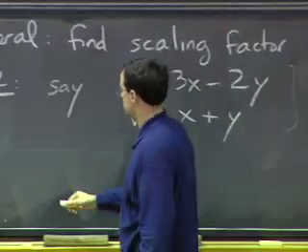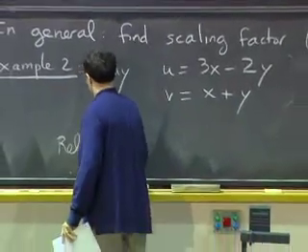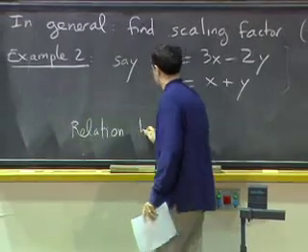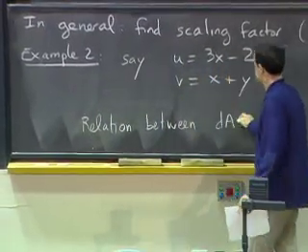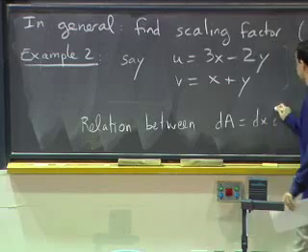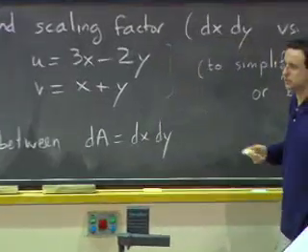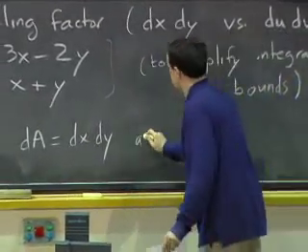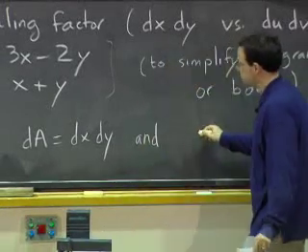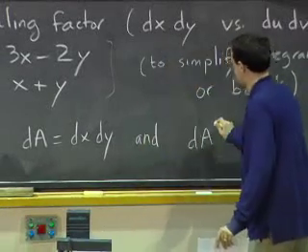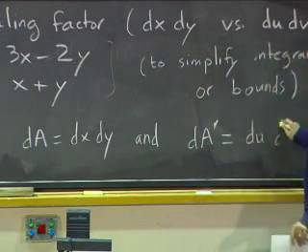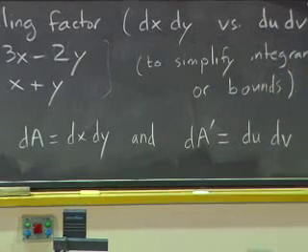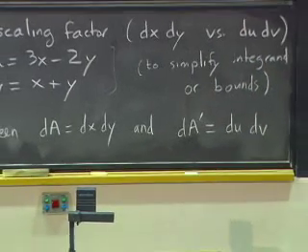So we want to understand the relation between, let's call dA the area element in xy coordinates. So dA is dx dy, or maybe dy dx, depending on the order. And the area element in uv coordinates, let me call that dA prime, just to make it look different. So that would just be du dv or dv du, depending on which order I will want to set it up in.